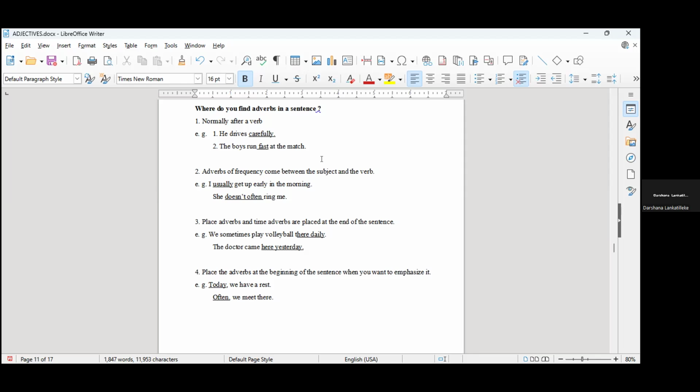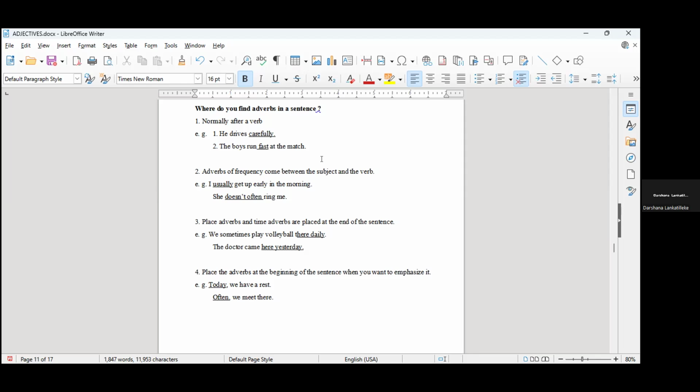Next one, number 4. Place the adverbs at the beginning of the sentence when you want to emphasize it. Emphasize means to say with stress, avadharana in Sinhala, right? Today we have a rest. Today we have a rest.